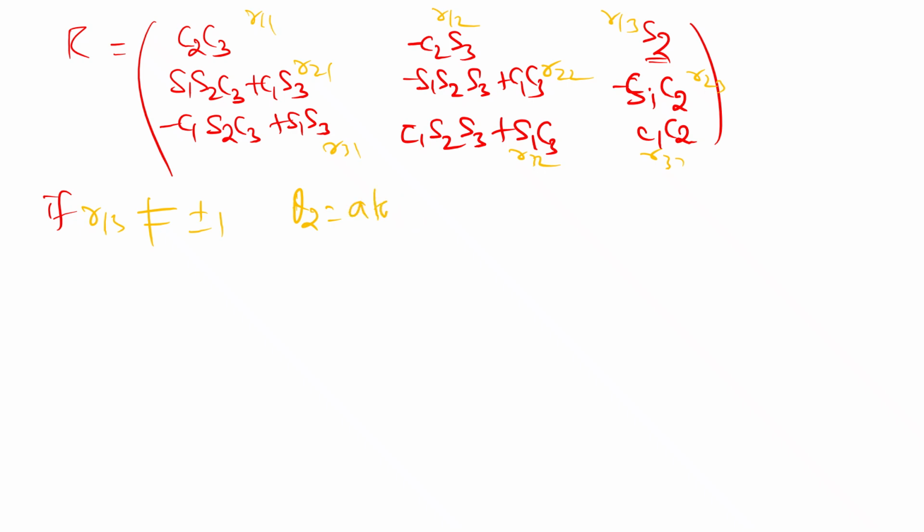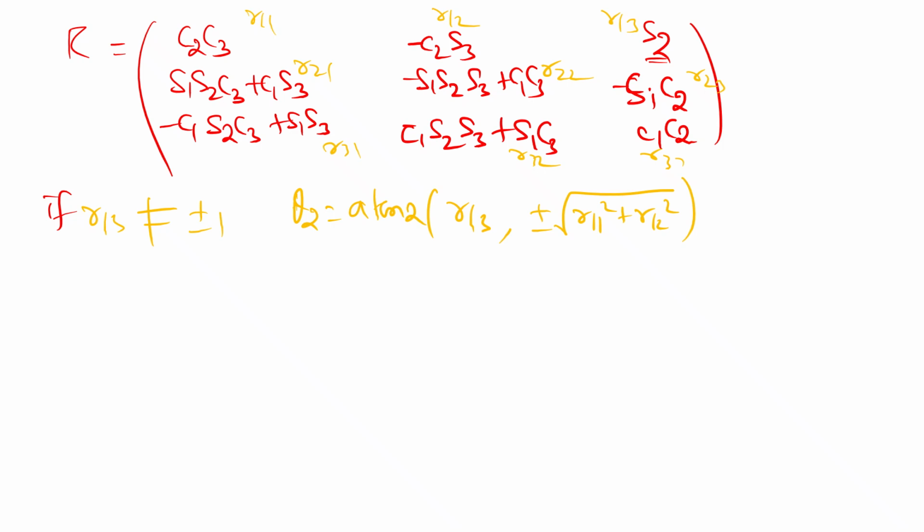So arctan2 of the sine term, which is R13, and this term, which is R11 by C2. So this is my theta 2. So theta 2 equal to R13. If I want to take this, I have to take plus or minus square root of R11 square plus R12 square.